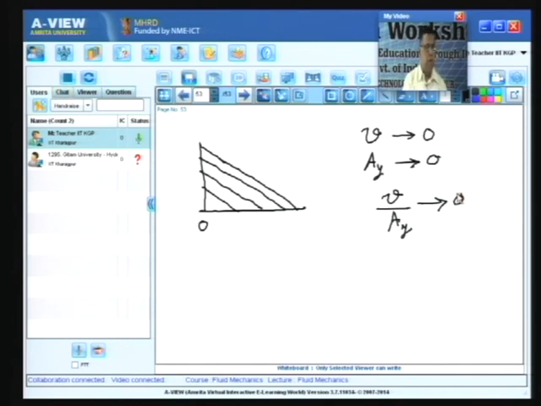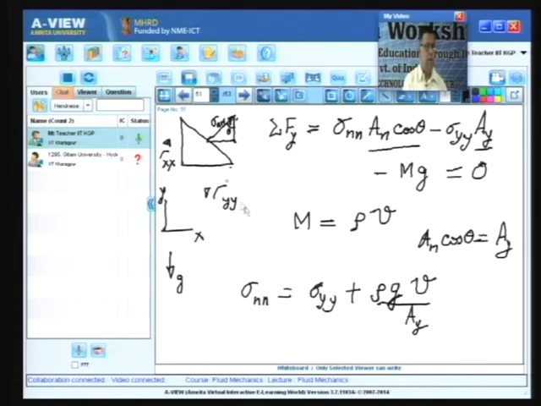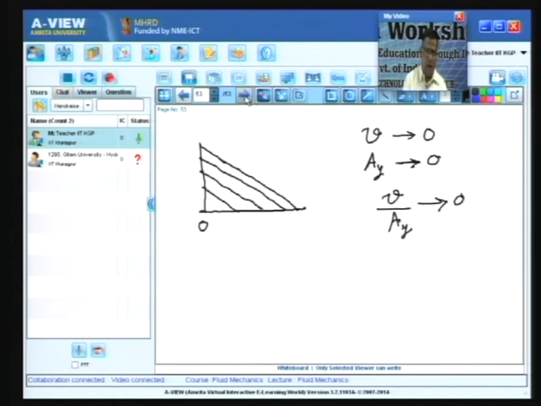So, if we go back to the previous equation, this quantity will go to 0, and in the limit you are going to have sigma n n equal to sigma y y.